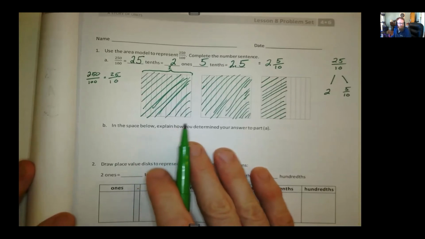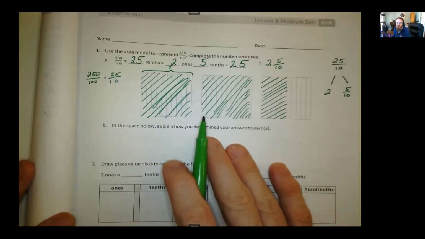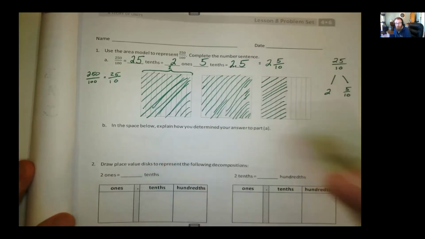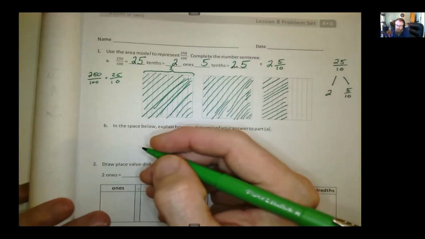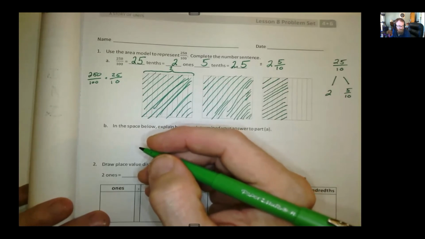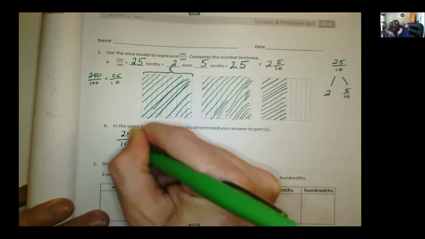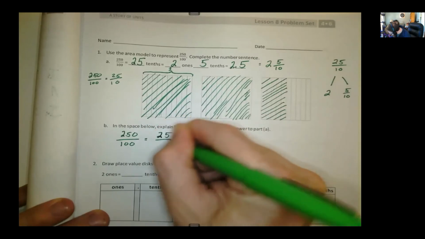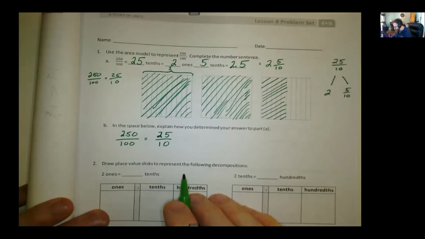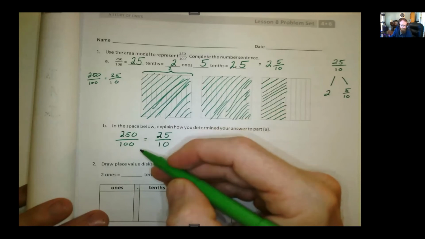All different ways to communicate the same information, the same value. Okay, explain how you determined your answer to part A. That's kind of what I just said, right? The easiest way to do it without writing complete sentences, you could write a paragraph of sentences here, but you can also show it with some number sentences, which I think makes more sense for math. So we can say 250 hundredths we know is equal to 25 tenths. And you could show that by dividing each of these values by 10.